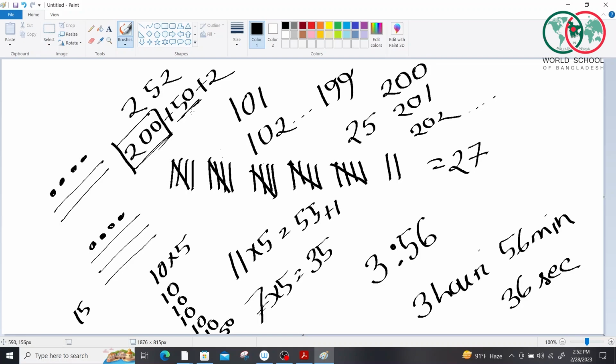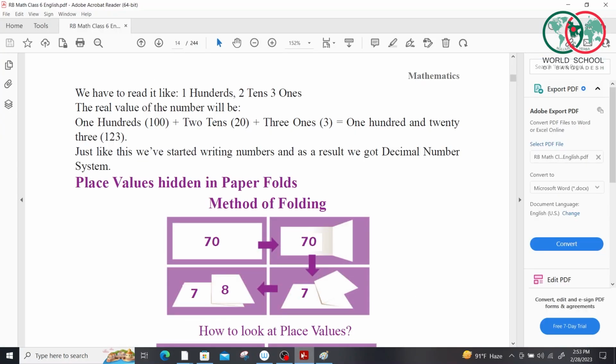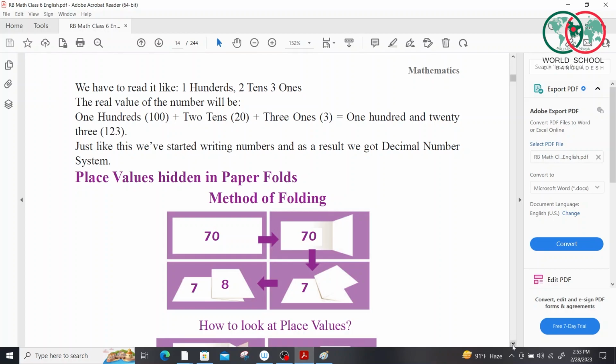So it's called 5 tens, and 2 hundreds, like if we add 2 hundreds, we get 200. So it becomes 2 hundreds, 5 tens plus 2 ones. Like if we add 2 ones, it becomes 2. That's how we represent or write our numbers.